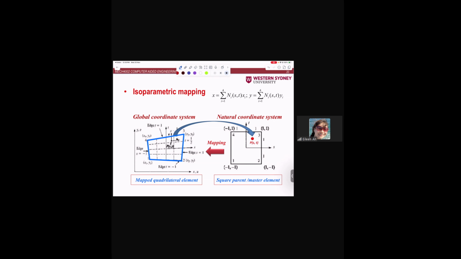Okay, here we have an association. We will use the linear mapping method for that. Now assume we have a point P. This point P is inside this element, the blue element. And we do know that this point P has the coordinates of x and y in global coordinate system.